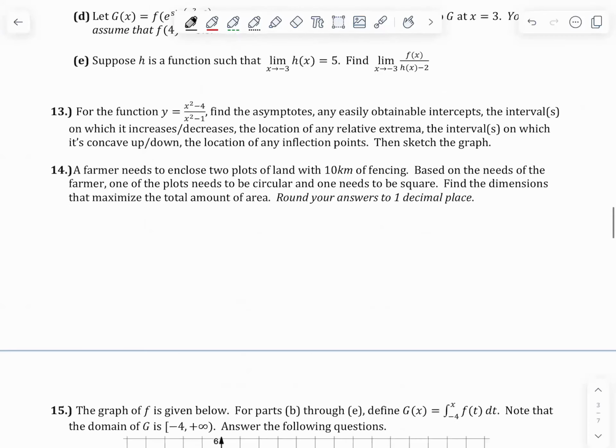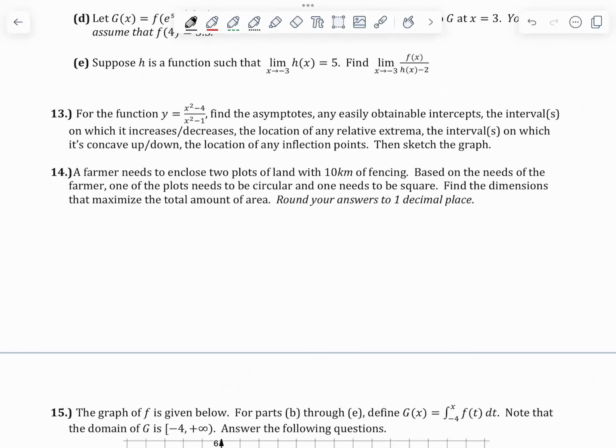Find the rate of change of the radius. Versus question 14. A farmer needs to enclose 2 plots of land with 10 kilometers of fencing. Based on the needs of the farmer, 1 plot needs to be circular and 1 needs to be square. Find the dimensions that maximize the total area. There are keywords in those problems that tell you what method to apply. 14 is an optimization problem because it says maximize.